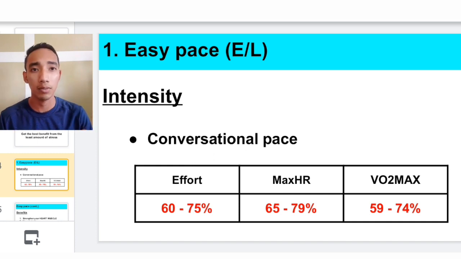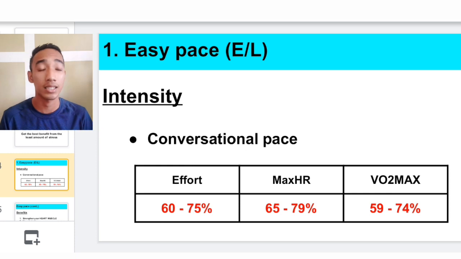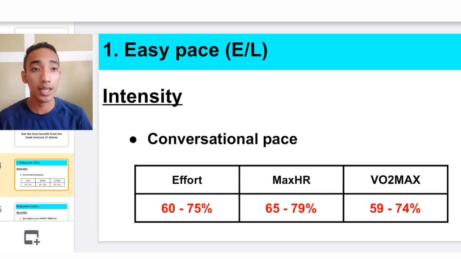Maybe some of us have an easy pace that is already a marathon pace for other runners. So lain gyud ta, so we must be treated as different. Mao na siya guys, the easy pace goes around 59 to 74% of VO2 fraction. And by the way guys, I will also tell you what VO2 max you are in now.